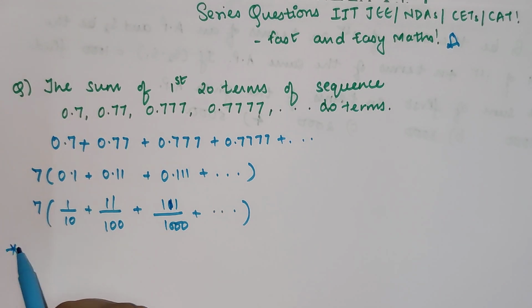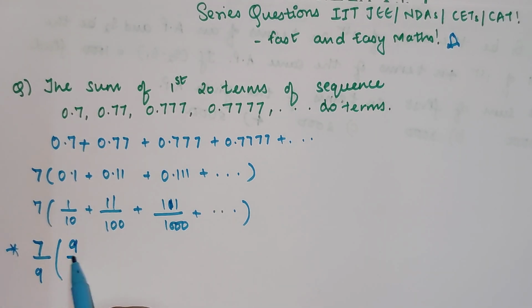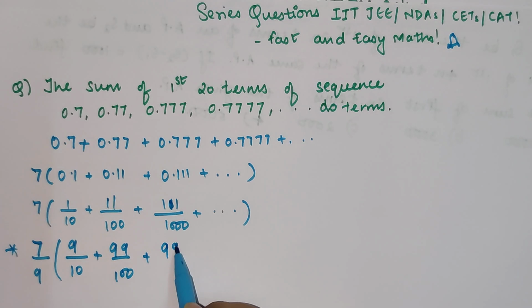I'm just going to put a star over here. This is the step which is very crucial. Without this step you will get stuck. So we'll do 7 upon 9 and we'll multiply all of these by 9. So we'll have 9 upon 10 plus 99 upon 100 plus 999 upon 1000 plus, and it will go on.